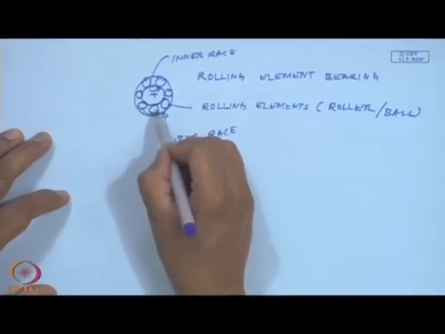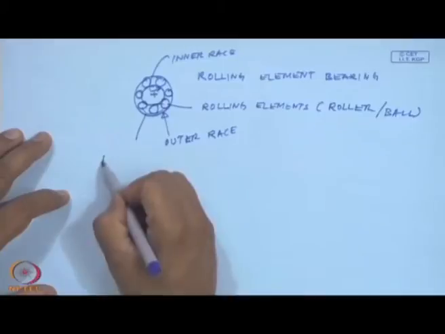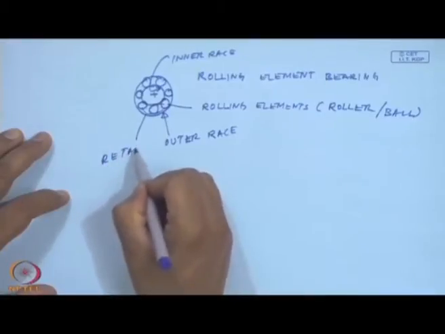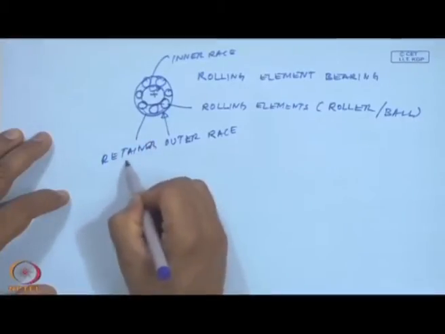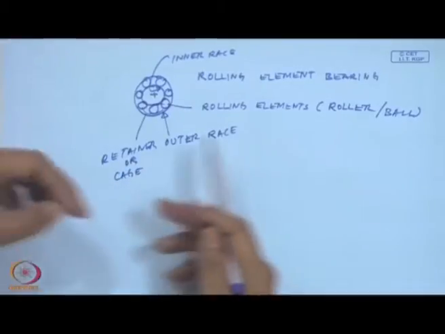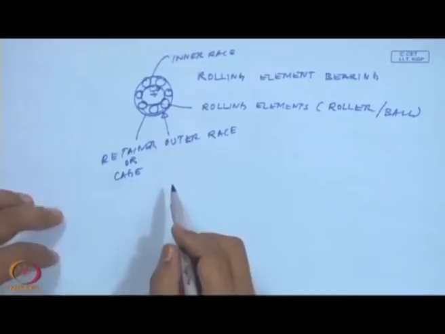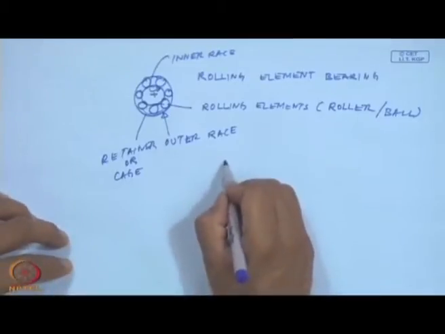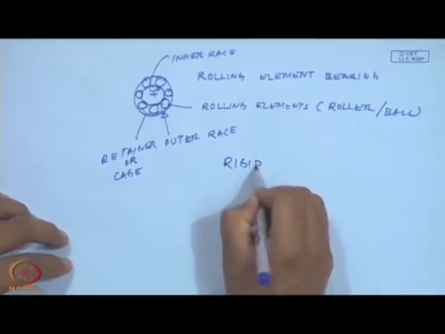They are supported by what is known as a retainer or a cage, which ensures that no two rolling elements come in contact with each other. And basically, they are used for rigid supports.